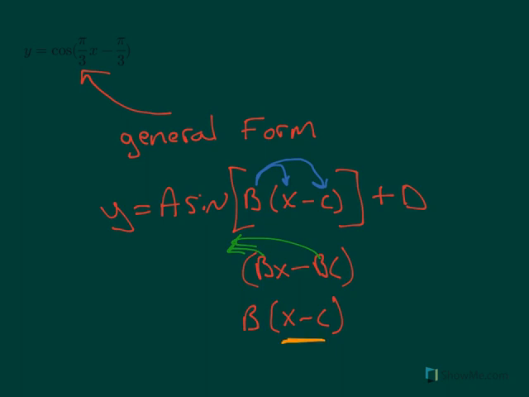So you really need to have x minus c by itself. It's not going to change how you perceive the b value, but it is going to change how you perceive the c value or the phase shift, which will throw off your final answer. So we're going to have to factor off that common pi over 3, which is the b value factored in.